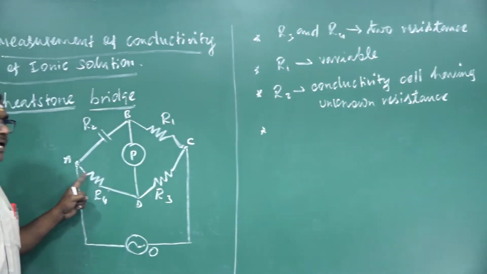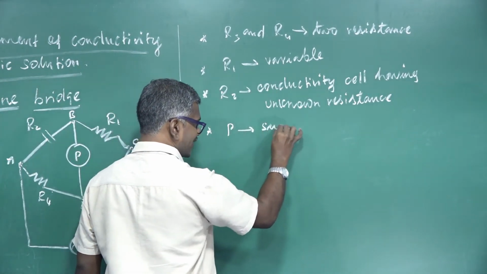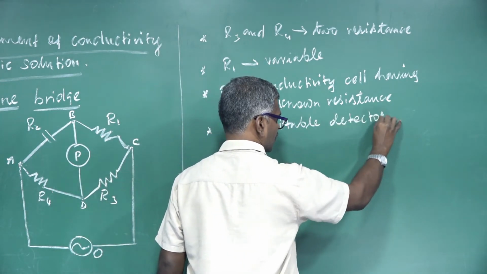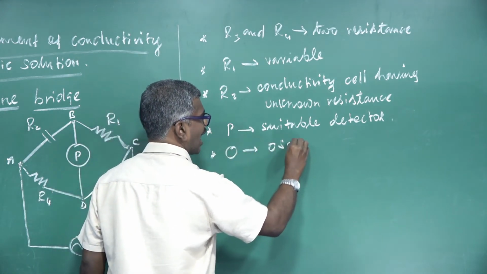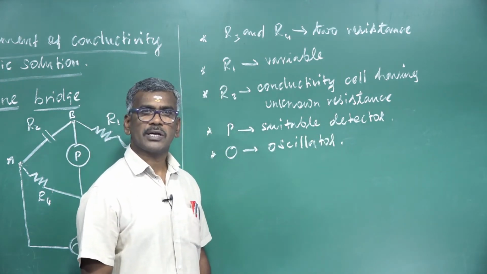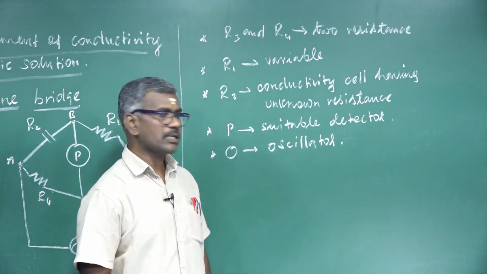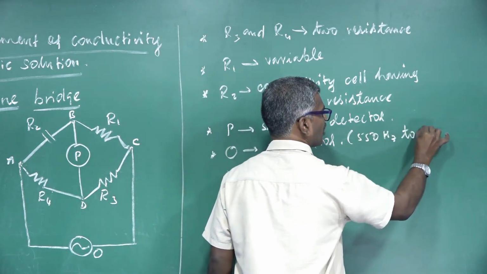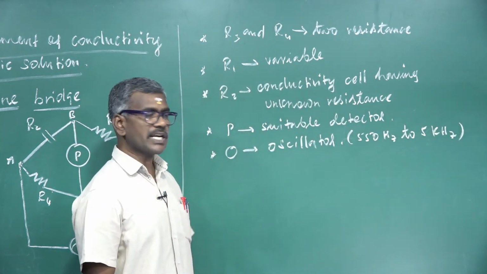The Wheatstone bridge is connected to a detector, that is P, a suitable detector. Another one is O, nothing but the oscillator. The oscillator is used as a source of AC power of audio frequency, 550 hertz to 5 kilohertz is the range of the oscillator.